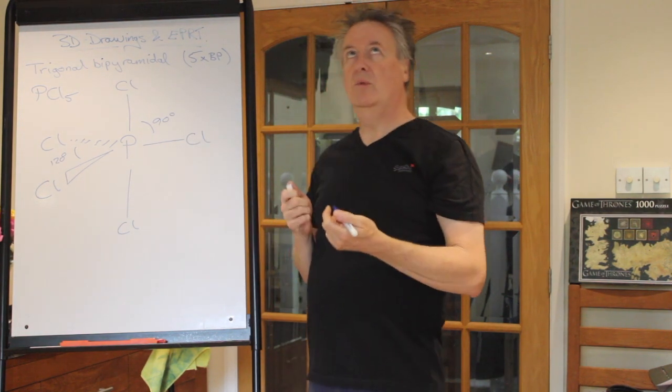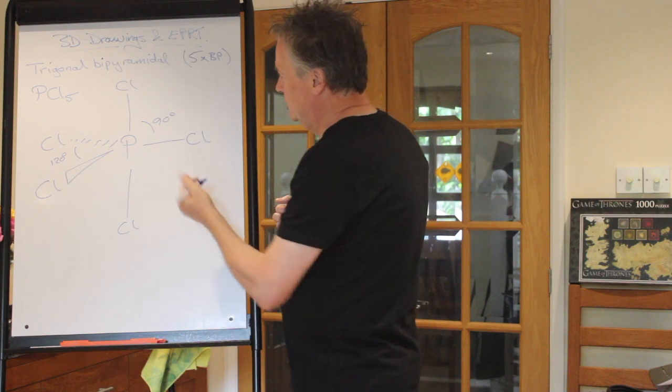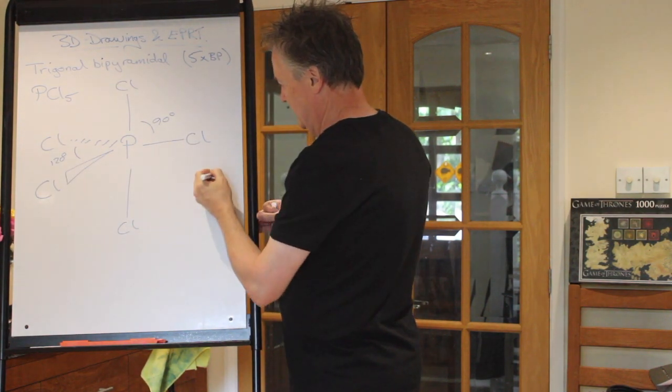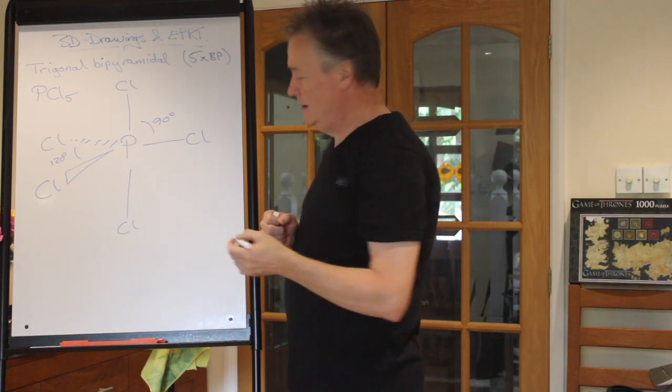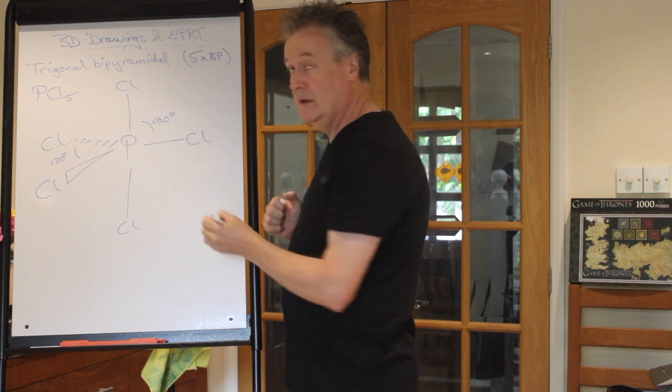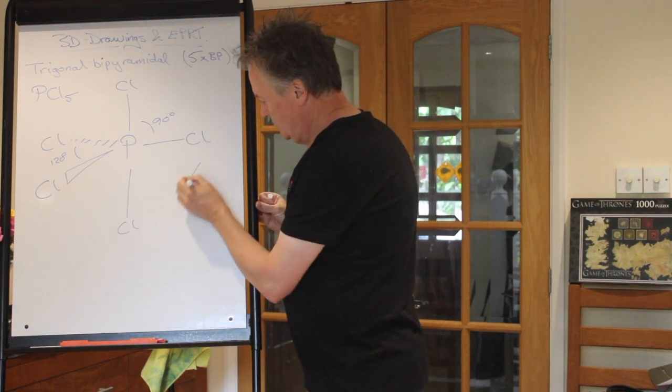And then you go, why is it Trigonal Bi-Pyramidal? Well, these 4 there make a triangular based pyramid. So when you look at those, this is where my artistic skills get a bit challenged.